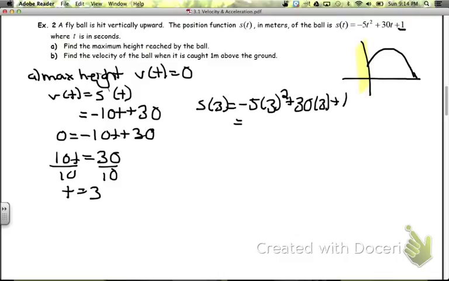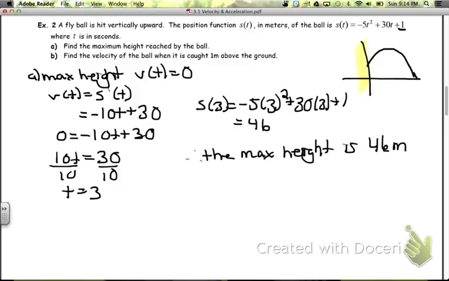When we expand and simplify, we get 46 meters. Therefore, the max height is 46 meters.